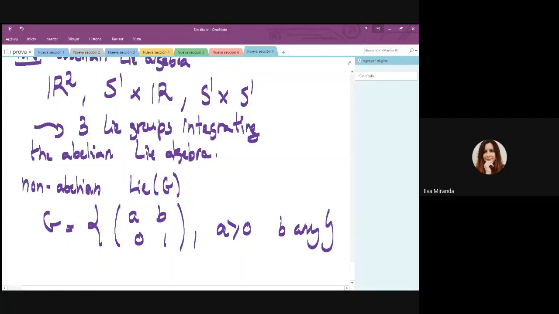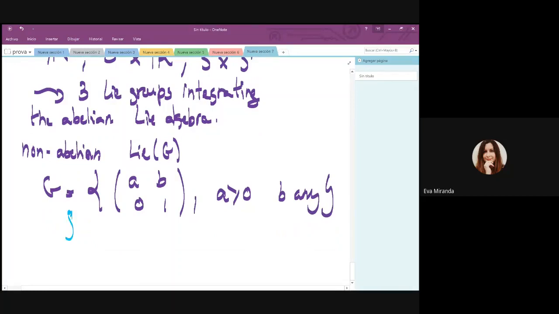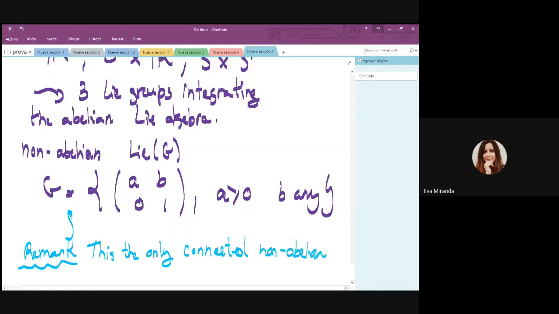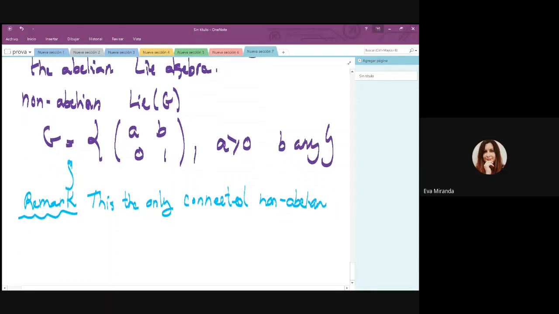And the remark is that we can prove that this is the only connected non-abelian Lie group of dimension 2.